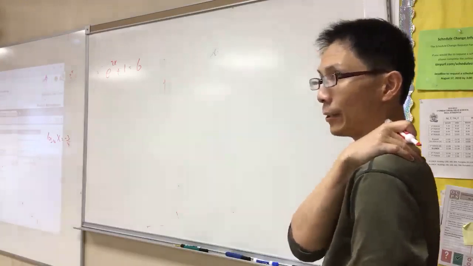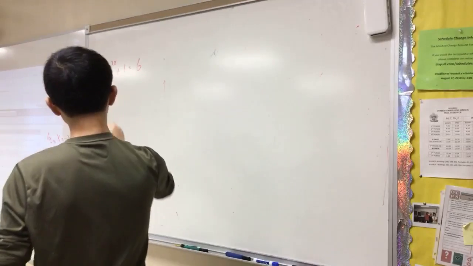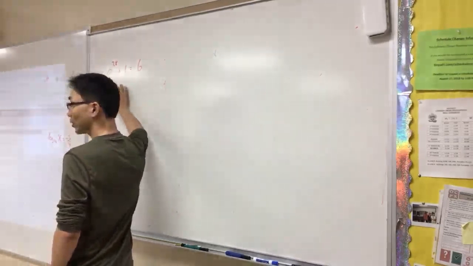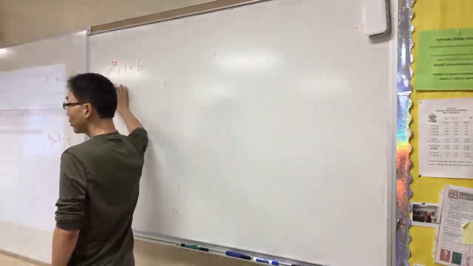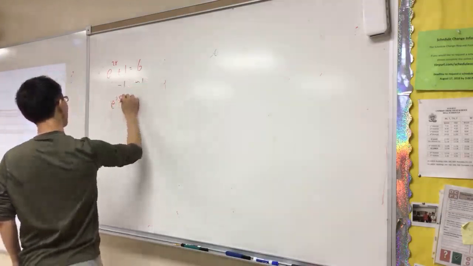This is in pre-calc, right? I have to isolate the e first. What do you do? Subtract 1, good. So that'd be e to the 2x is equal to 5.